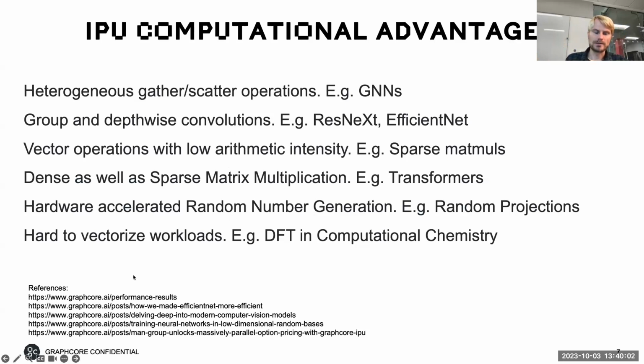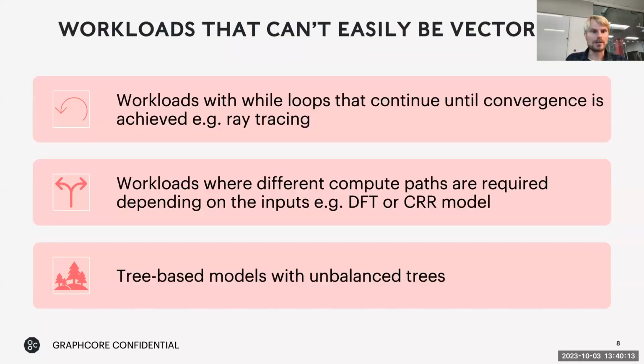And workloads that are hard to vectorize, and DFT, density functional theory in computational chemistry, is an example of that. Other workloads that can be harder to vectorize include something like ray tracing, where each thread would execute an operation until convergence, so different threads would achieve convergence at different points in time, potentially. Options pricing and DFT, where physically every thread needs to execute different sets of instructions.